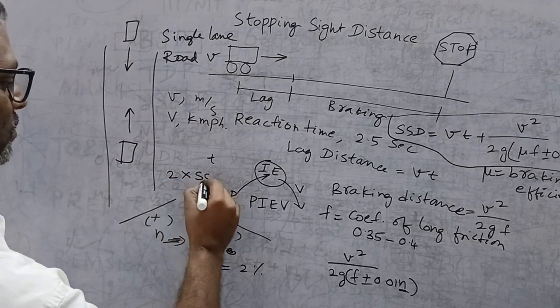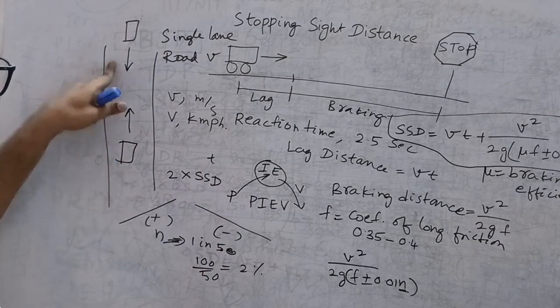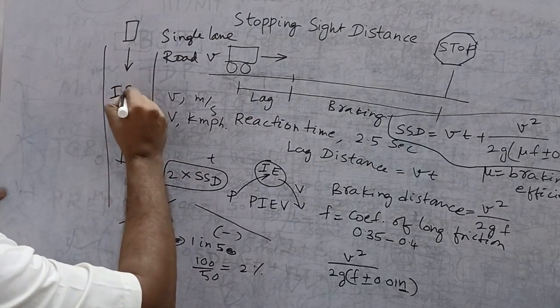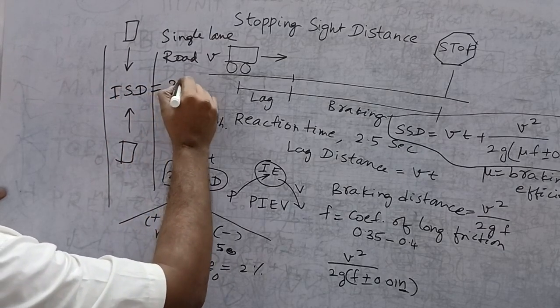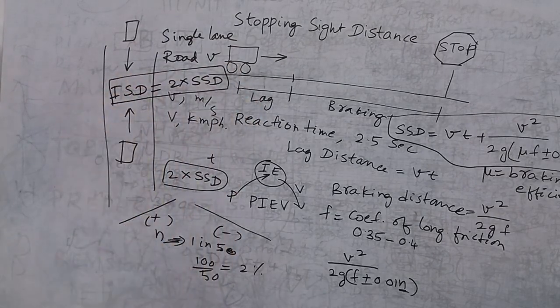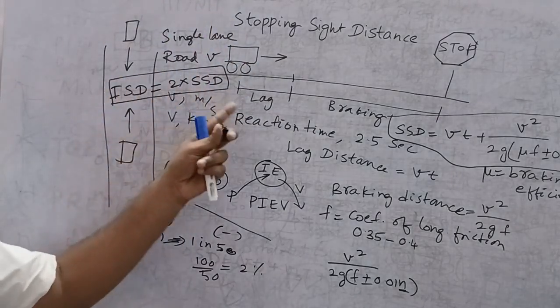should be 2 times stopping sight distance. One stopping sight distance for this vehicle and another for this vehicle, and this is called intermediate sight distance, which is 2 times stopping sight distance, whenever opposite traffic is also there. So remember this.